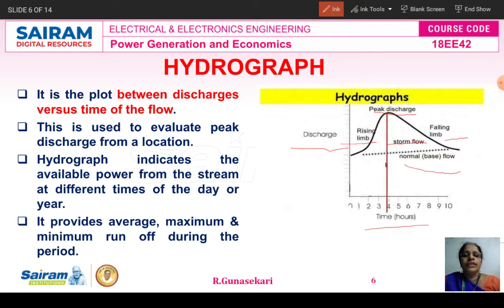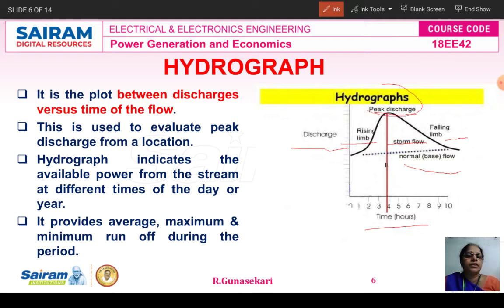The hydrograph is drawn between discharge versus time of the flow. Discharge is taken along the y-axis, time is taken along the x-axis. The time may be hours, day, week, month or year. The hydrograph is used to evaluate peak discharge from the location.